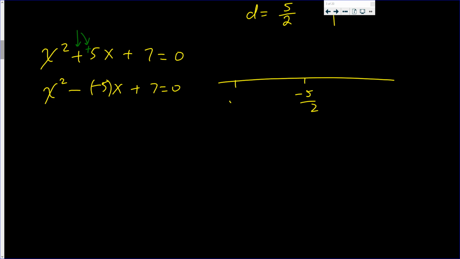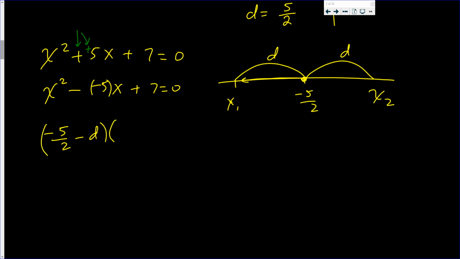And x1 will be to the left of the midpoint. It'll be d units to the left. And x2 will be d units to the right. So x1 is this value, take away d. And x2 is also that value, negative 5 over 2, but this time, we're going to add d to get to x2.